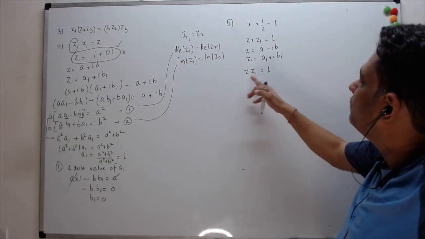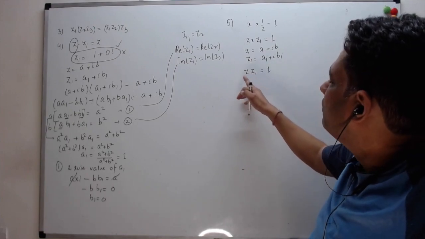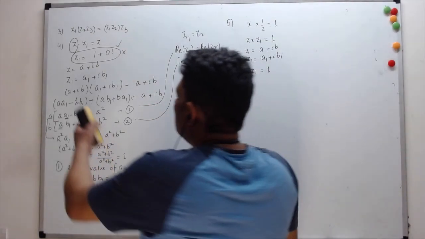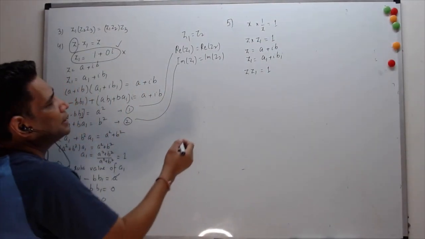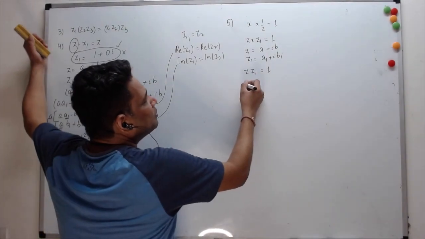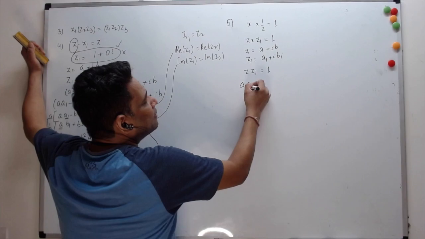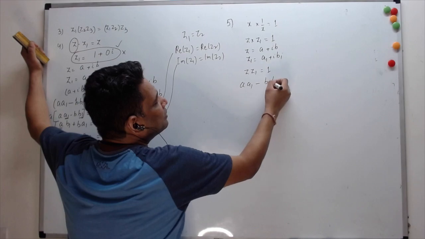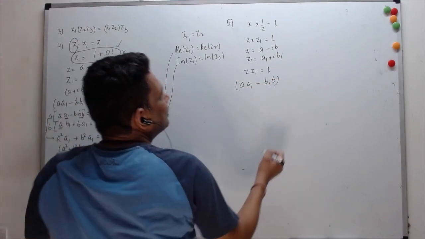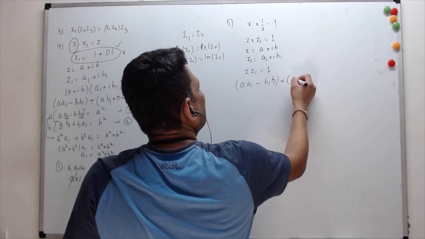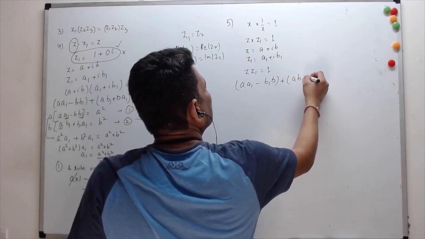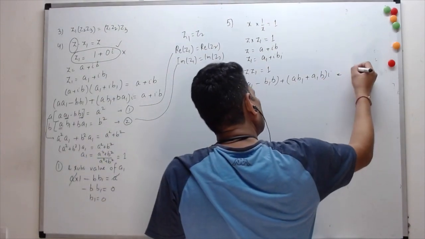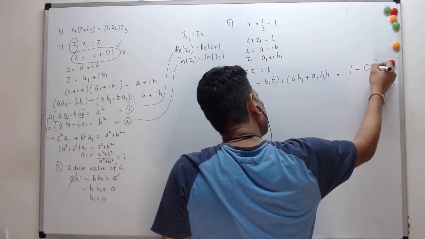Here we want to say what is that number z1 which when multiplied by z gives you a value 1. So the product, I can still use the same product over here, that shouldn't matter, and that would give me a times a1, minus b times b1, plus (a b1 plus a1 b) times i, and that value is 1, or 1 plus 0 times i I can write it.